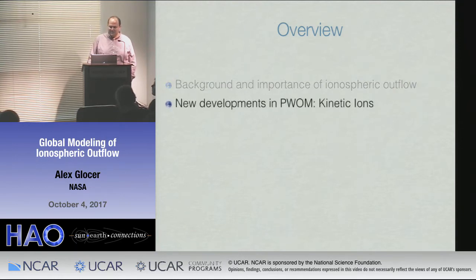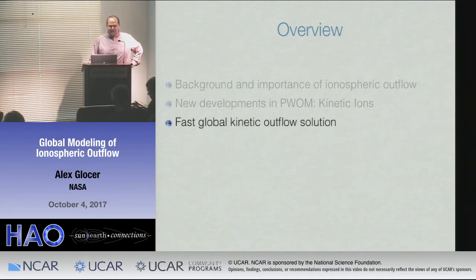After I hopefully convince you of that, I'll tell you about how you model ionospheric outflow, in particular using my polar wind outflow model and the new developments in there, especially the addition of kinetic ions to the code for global kinetic outflow solution. And then I'm going to talk about how you do this sort of simulation quickly, so you can actually use this global kinetic outflow solution for coupled magnetosphere runs, so you can represent the outflow with a reasonable computational expense.